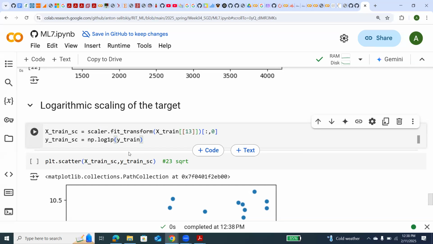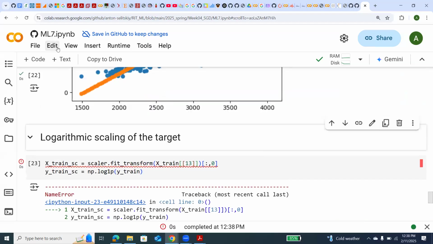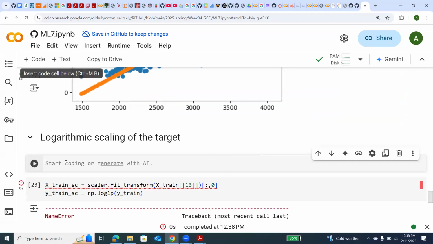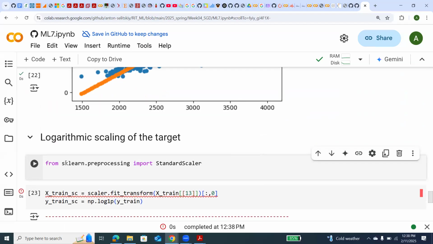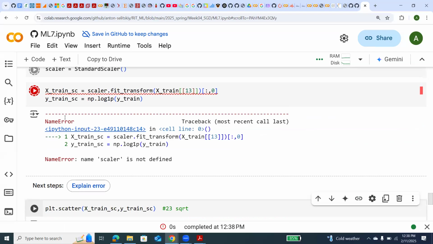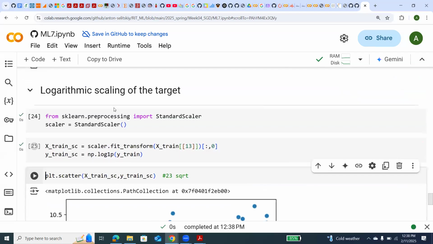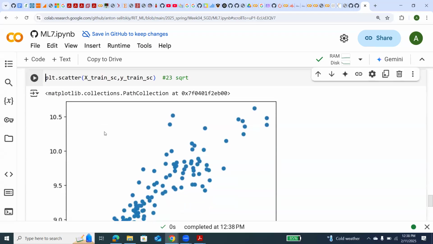So 1p stands for 1 plus x. And I will fit the linear regression with scaled targets, and I will plot it.